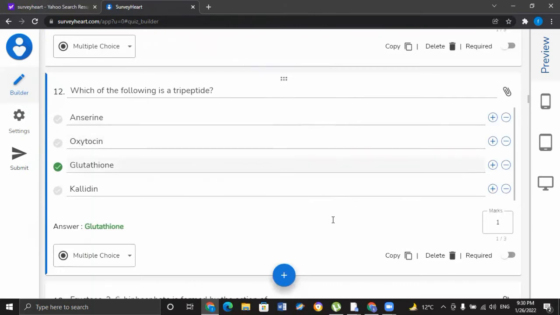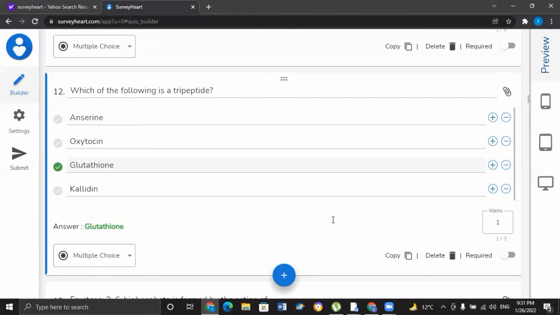Which of the following is a tripeptide? A tripeptide is a peptide that consists of only 3 amino acids. Anserine is a dipeptide. It consists of 2 amino acids, alanine and 3-methyl histidine. Oxytocin consists of almost 9 amino acids.